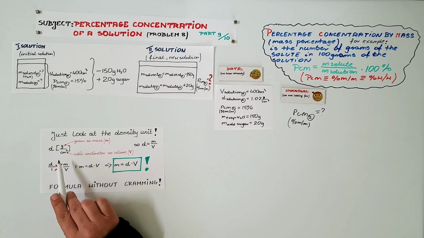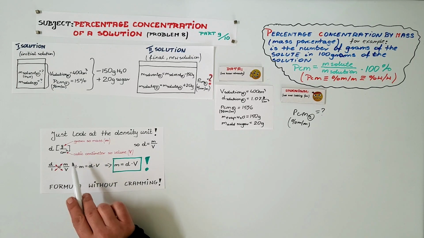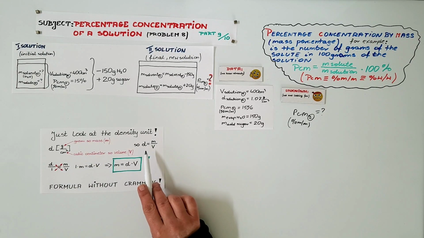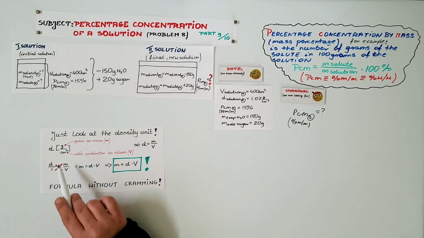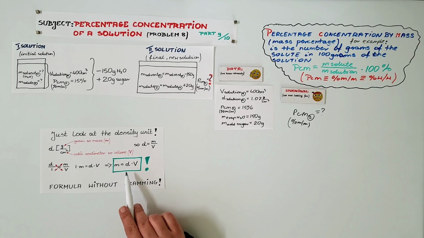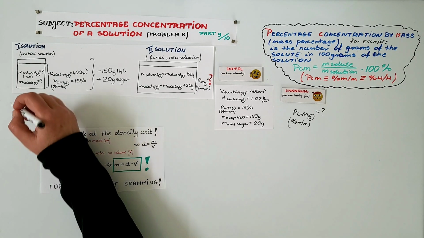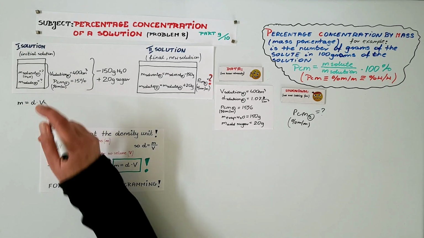For example, gram per cubic centimeter. So gram, so mass. Cubic centimeter, so volume. So now we know that D equals M per V. By cross multiplying, we know that mass equals D times V.